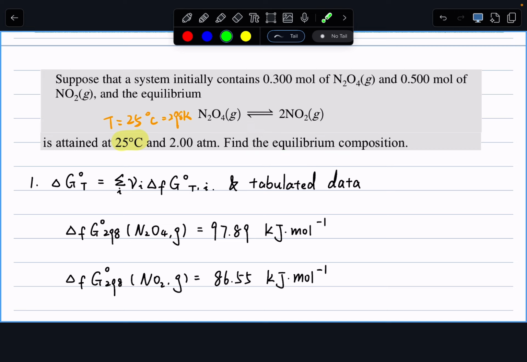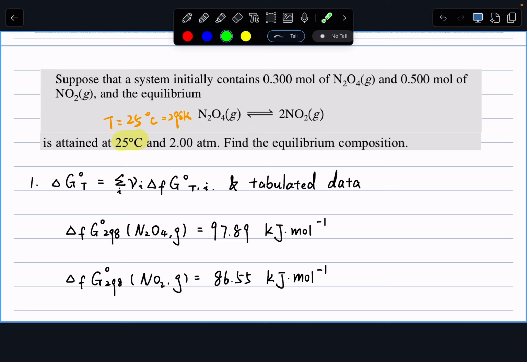We read the question, and we see that the initial number of moles of N2O4 equals 0.3 moles. The initial number of moles of NO2 equals 0.5 moles.